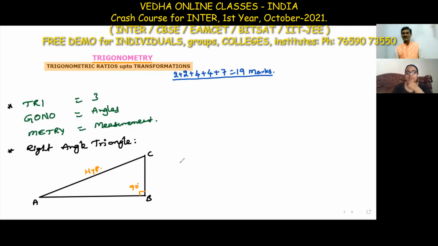Hypotenuse square is equal to opposite square plus adjacent square, or side square plus side square, or hypotenuse square is equal to base square plus height square. Or AC square is equal to AB square plus BC square.